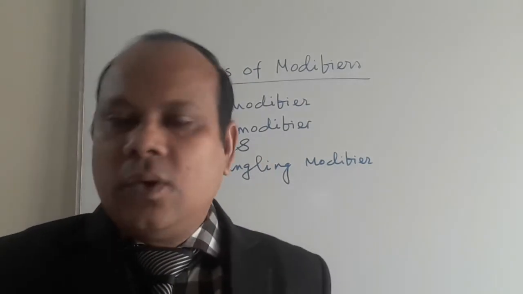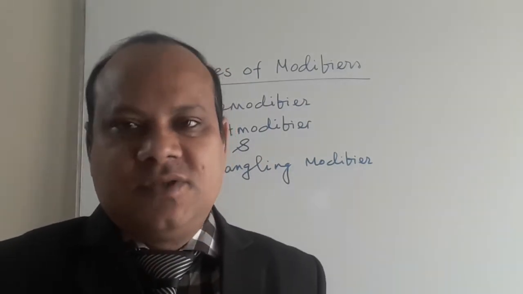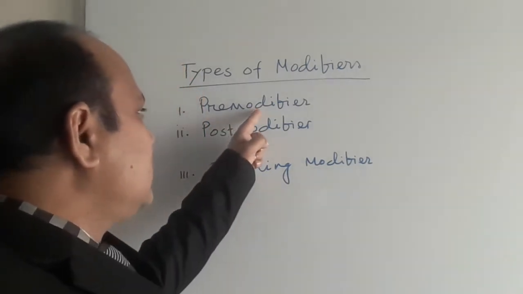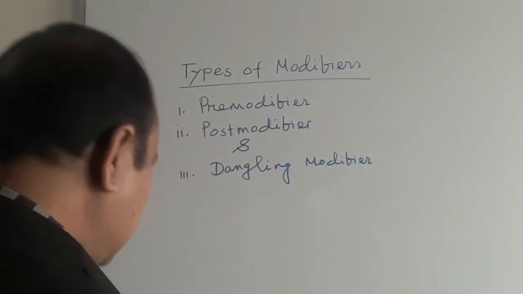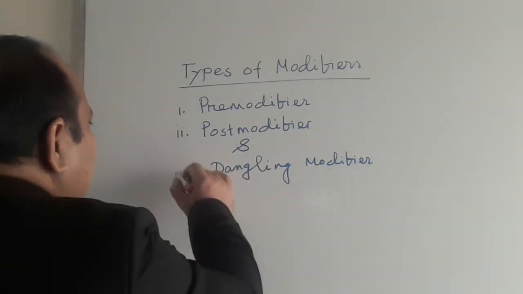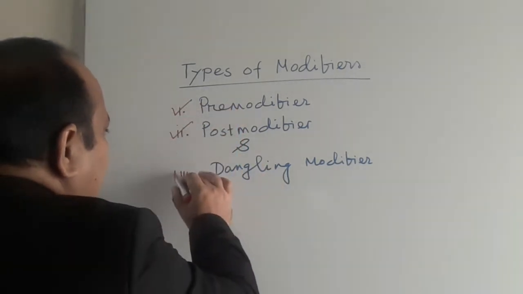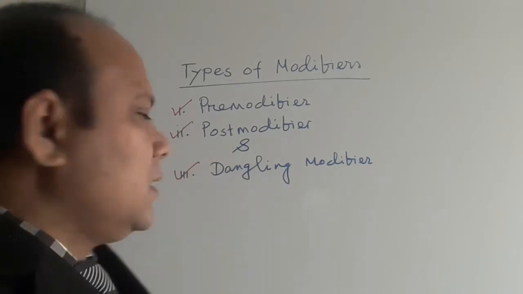My dear students, we know there are three types of modifiers. First one, pre-modifiers, post-modifiers, and dangling modifiers. Look at this: pre-modifier, post-modifier, and dangling modifier.